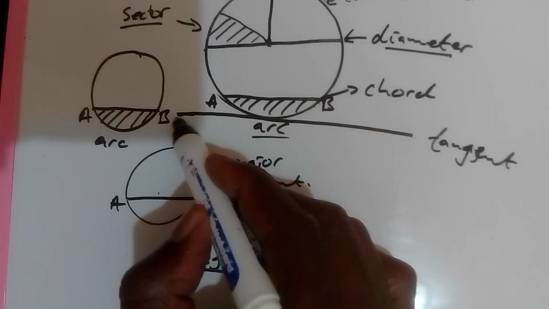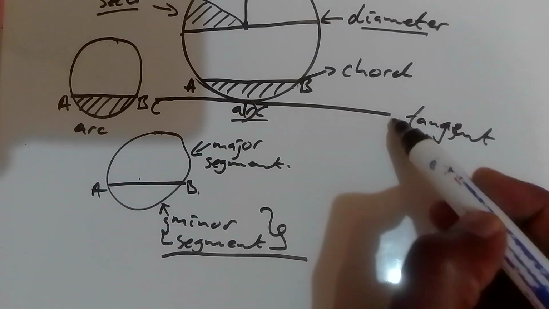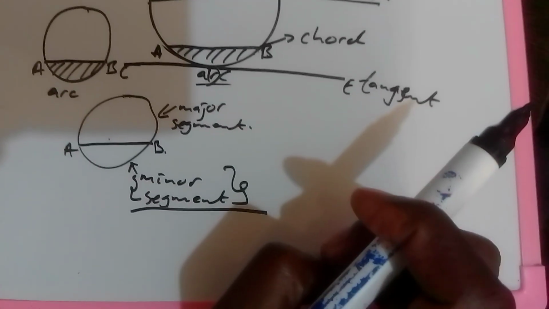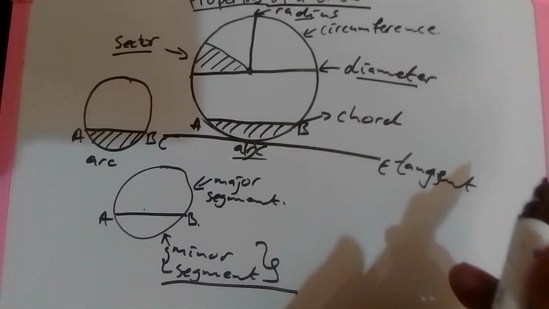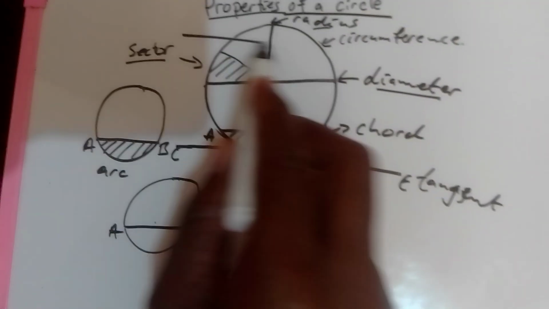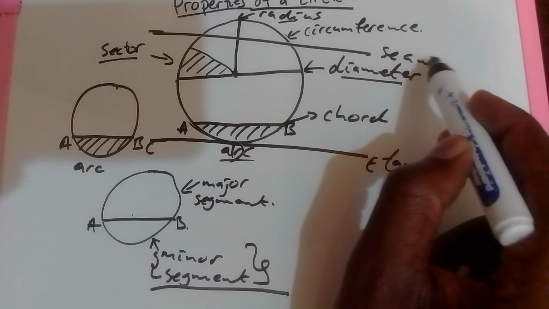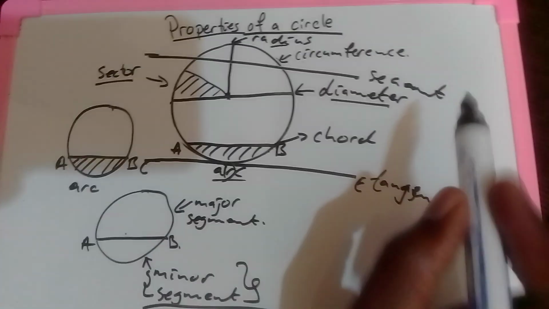So here let's call it C, where it's touching the circle, it's point D and E. So this is a tangent. So at this point in time, of course, we've got a secant. This line which I've drawn like this is what is known as a secant, but we don't really talk a lot or do a lot about secants.